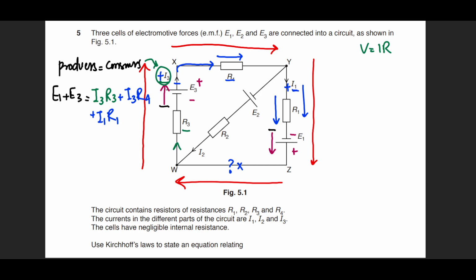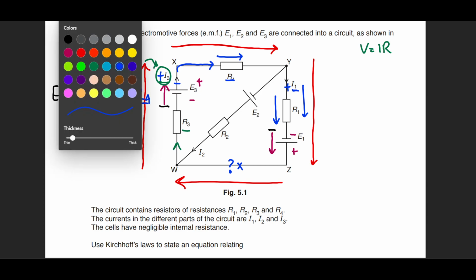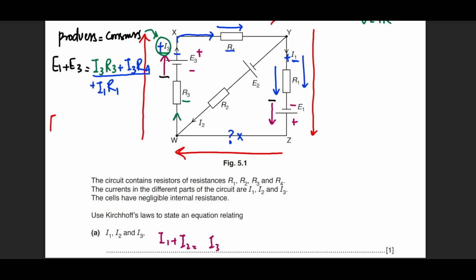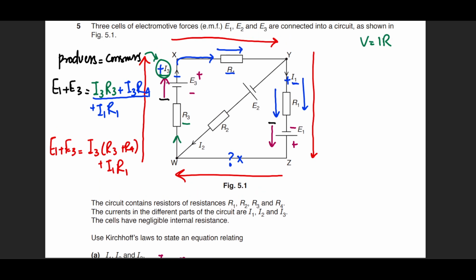Now when you go to the marking scheme, you will see that he's actually combined I3 in this way and taken common. No problem. So this is going to look like this: E1 plus E3 equals I3 into (R3 plus R4) plus I1 R1. No issues in that.